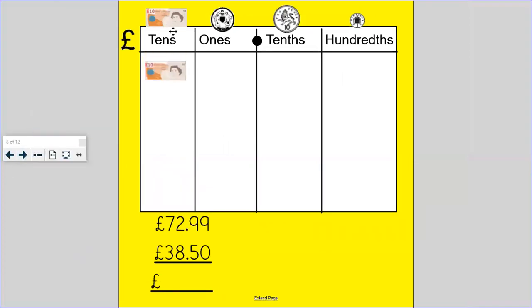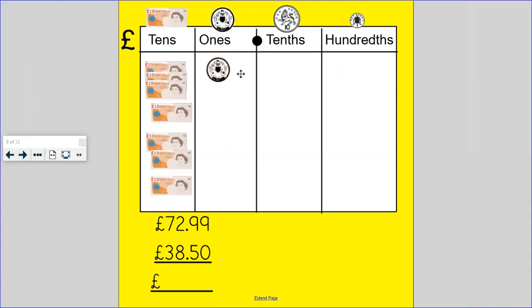So 70, 2, 3, 4, 5, 6, 7. 7 10s. 2 £1, £2. Oh, 99 is going to take me a moment. 1, 2, 3, 4, 5, 6, 7, 8, 9.